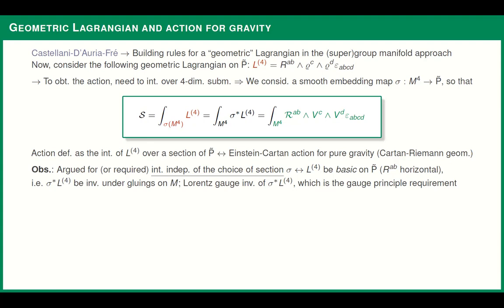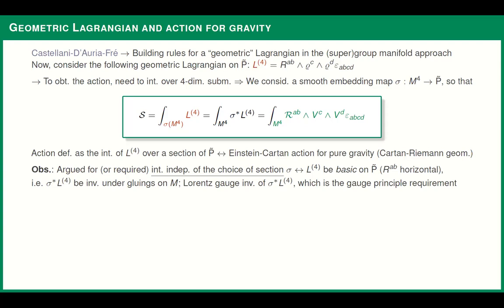And so we can consider this smooth embedding map sigma from M4 to P tilde in such a way that we can write the action as the integral of L4 within P tilde over sections of P tilde. Then we can rewrite this as the pullback of L4 on M4, so on the space-time manifold.